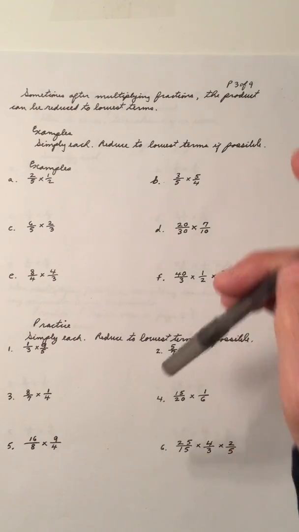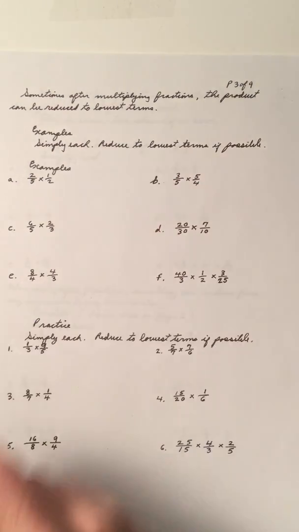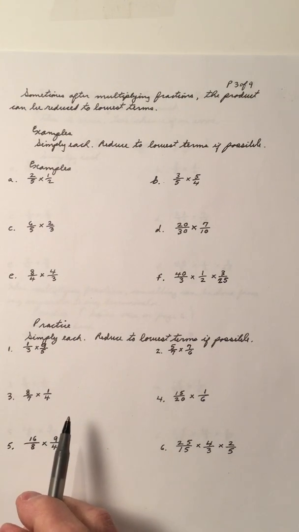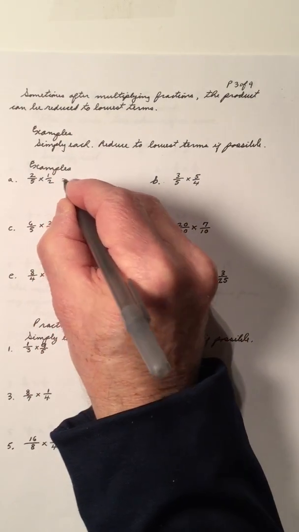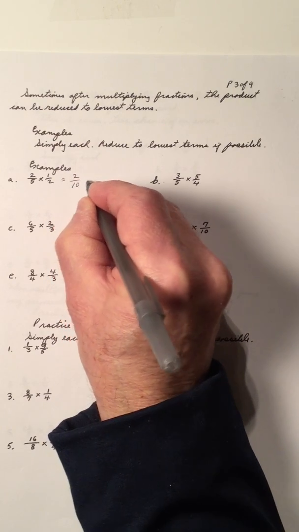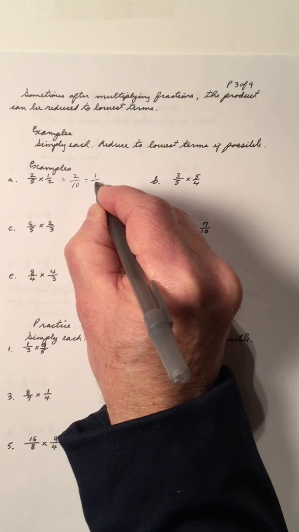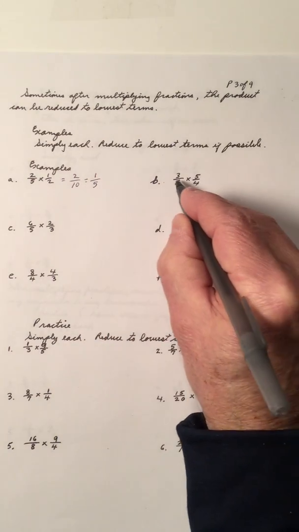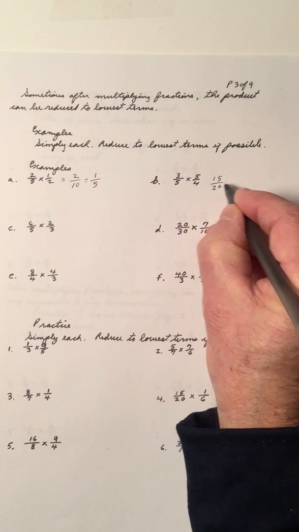Sometimes after multiplying fractions, the product can be reduced to lowest terms. Remember, you always reduce to lowest terms when you're talking about fractions. Simplify each. So, if we go 2 times 1 is 2, 5 times 2 is 10. Notice, 2 and the 2 goes once, 2 and 10 goes 5. 3 times 5 is 15, 5 times 4 is 20.